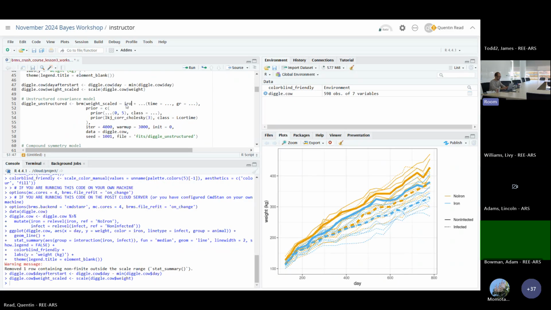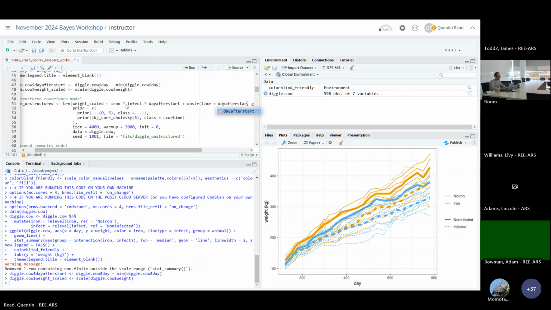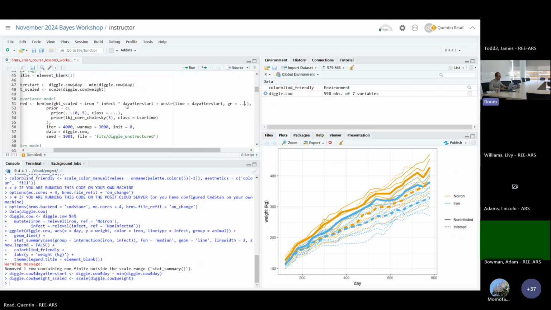So I'm going to fill that in there. Day after start. And we want unstructured covariance, UNSTR. Time variable is also day after start. And the grouping variable is animal. That's the name of the column with the animal ID in it.